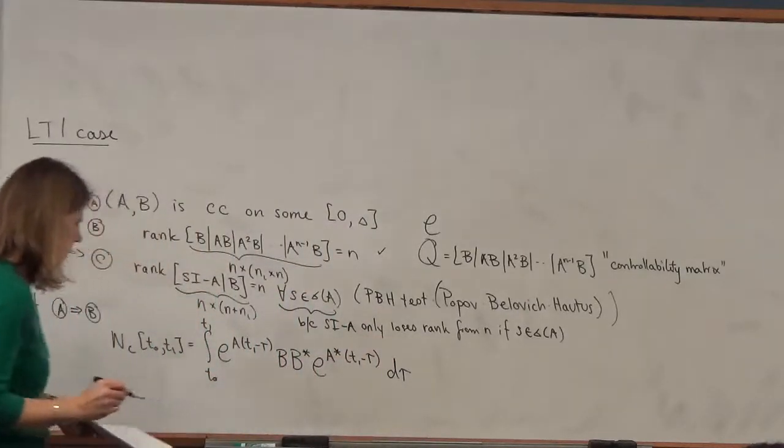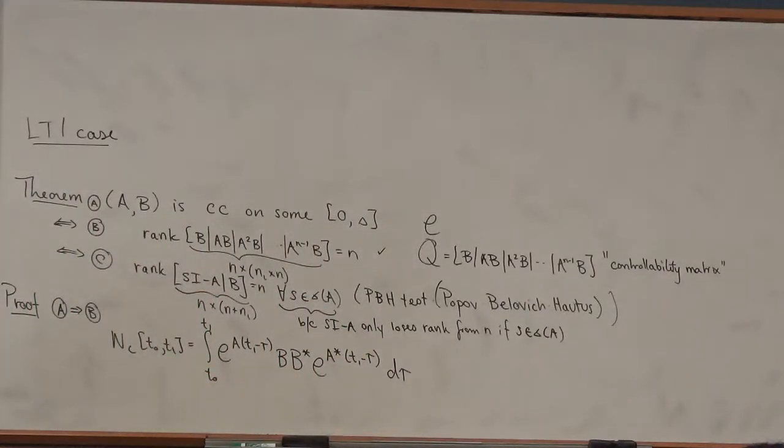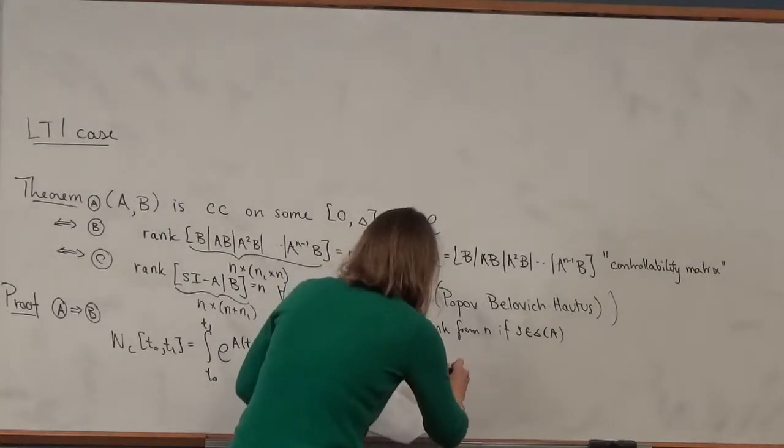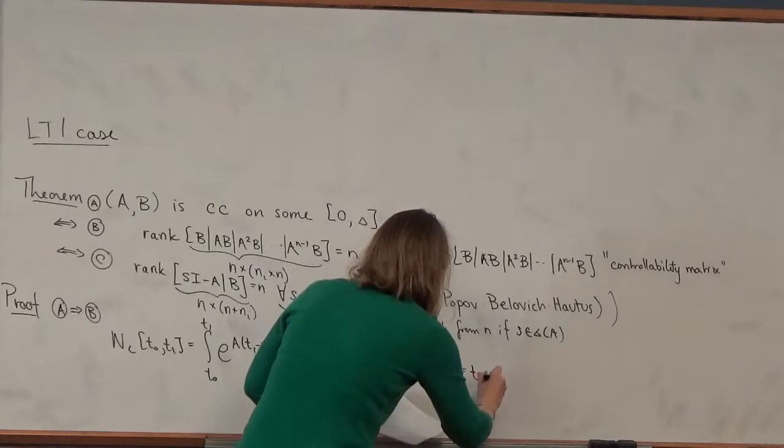Okay, that just comes from the general test for time varying systems, of which a time invariant system is obviously one. And then I'm just going to change the variable of integration. I'm going to define some tau bar, which is equal to T1 minus tau.